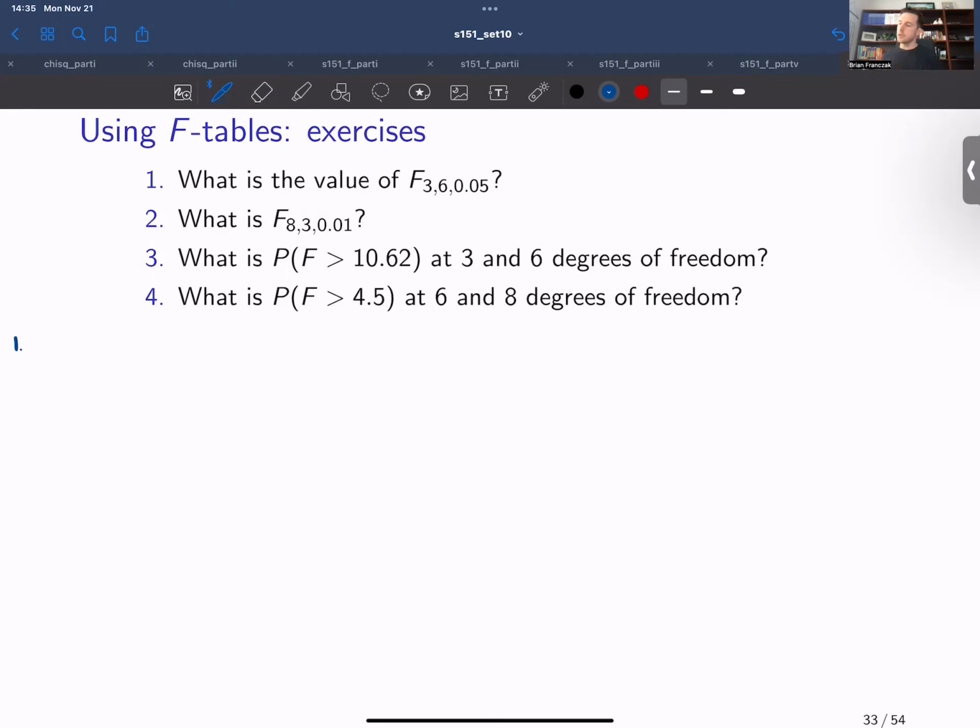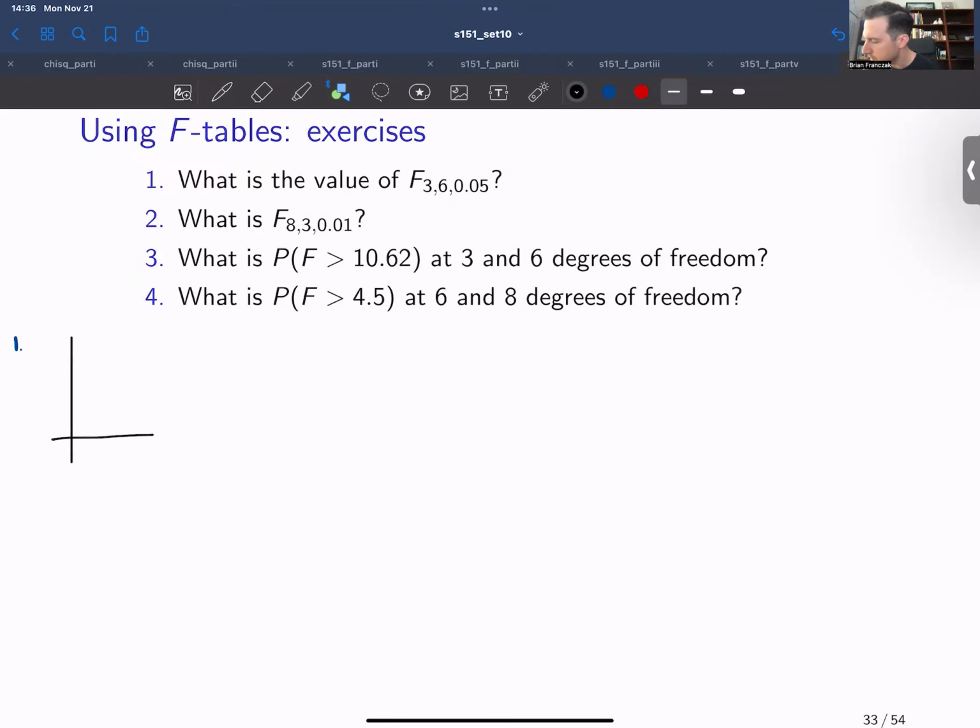Okay, in the first two examples, we're going to look at demonstrations of finding a critical value for an F-based hypothesis test. And then in exercises 3 and 4, we will look at examples of finding p-values for F-based hypothesis tests. So the starting point for all of these problems will be the same.